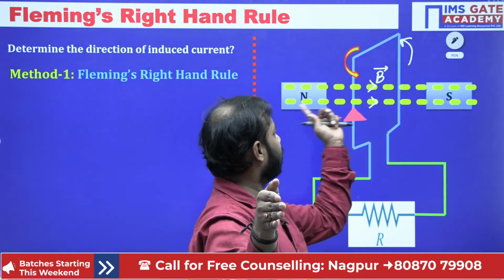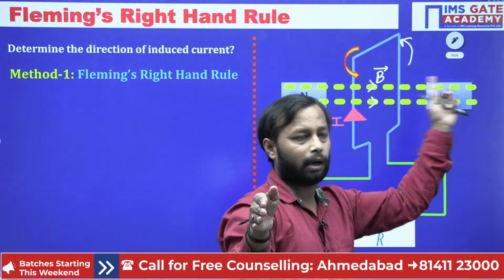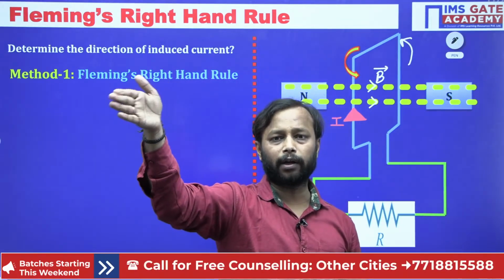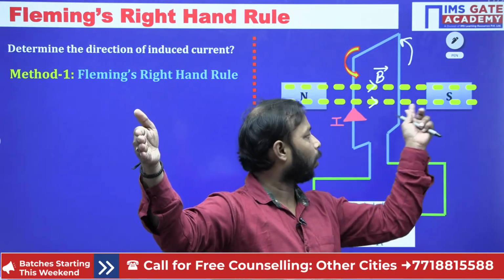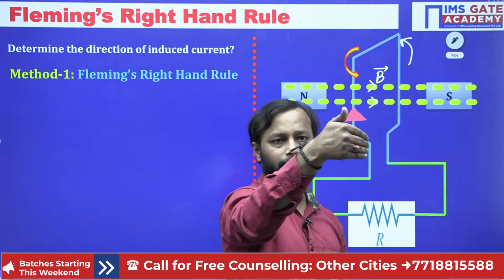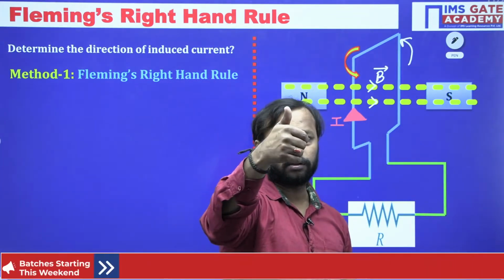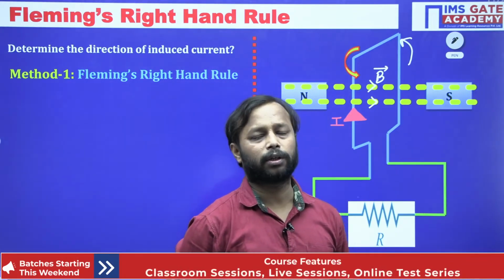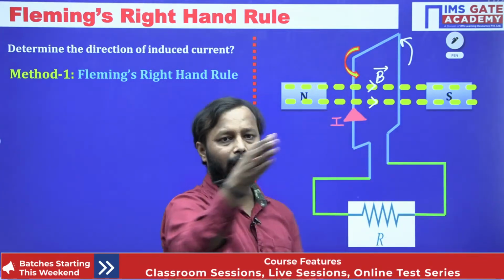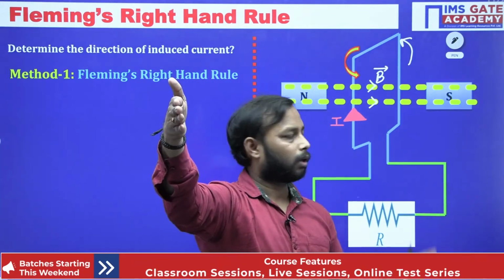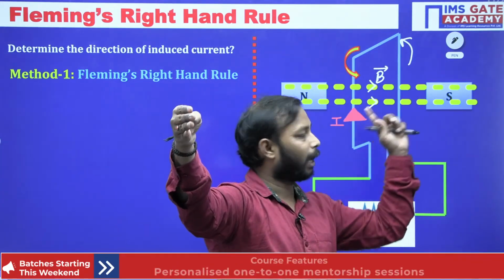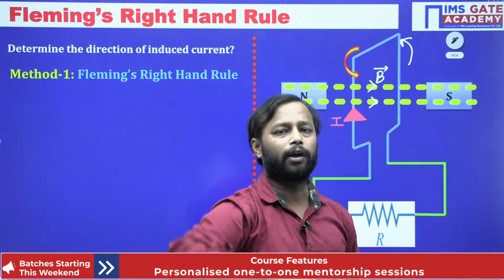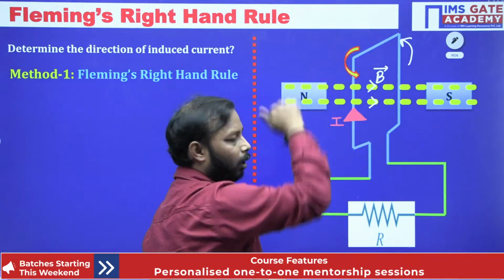What is the direction here? North to south. So all 5 fingers have to curl in the direction of the magnetic field, which is in this direction. Then the thumb will show us the direction of induced current. So velocity here is outward. Curl the fingers in the direction of the magnetic field like this. Then the thumb shows the direction of induced current, which is here upward.